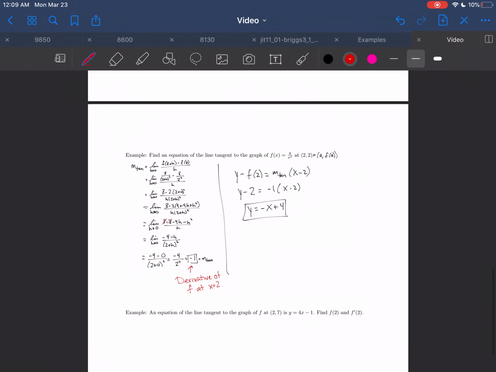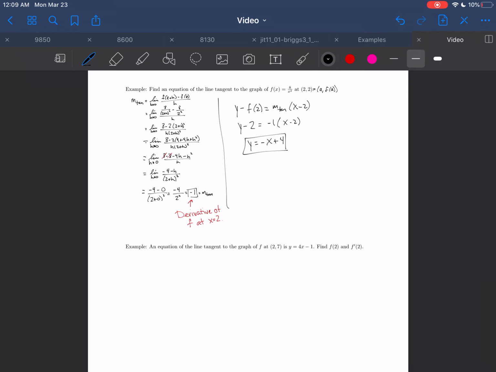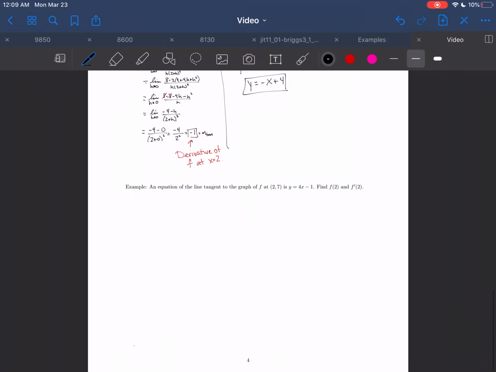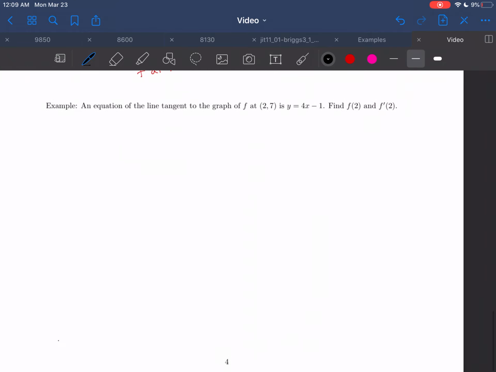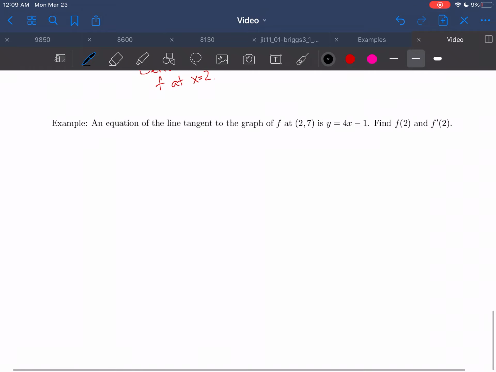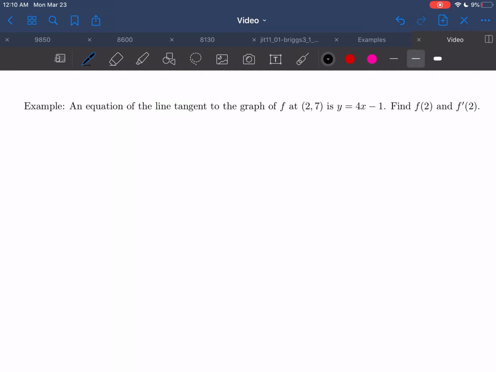Okay. Now, don't worry. We'll talk about some easier ways to find the derivative in a little bit in this class. But for now, just know that that's what it is. Okay. So, our last example, we will again find the equation of our line tangent to the graph of f of x, or of f of x, same thing.